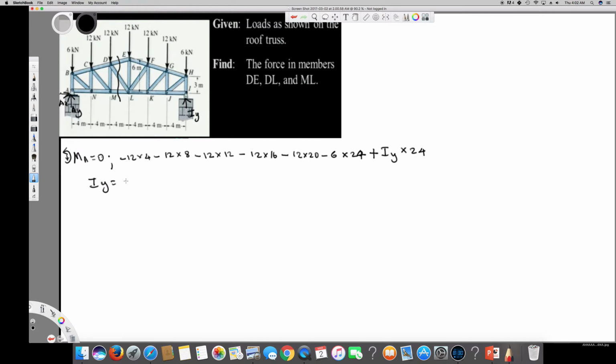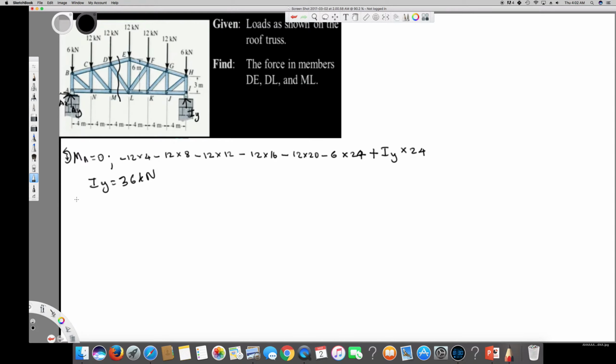It comes out to be 36 kilonewton. Since this is positive, we know this is acting upside.